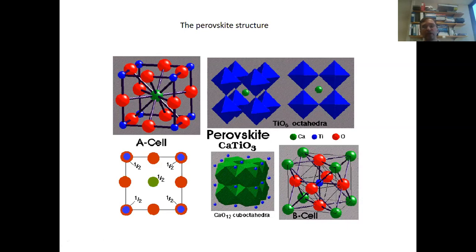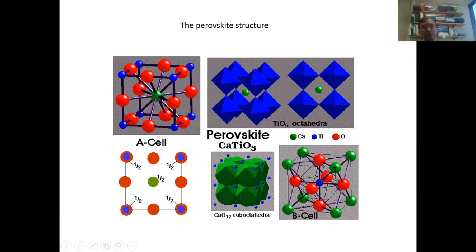All right. So what are the coordination polyhedra here? Like in the rhenium trioxide structure, the titanium is octahedrally coordinated by 6 oxygen atoms.